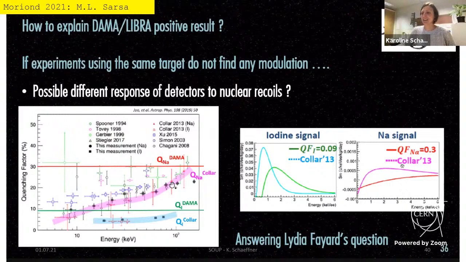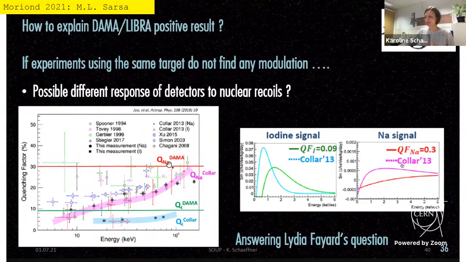She mentioned the quenching factors, which I appreciated a lot, because this quenching factor is very important. You know, in the crystals the scintillation output for different particles is different. A nuclear recoil produces less light than an electron or a gamma at the same energy, and this comes in with the so-called quenching factor.